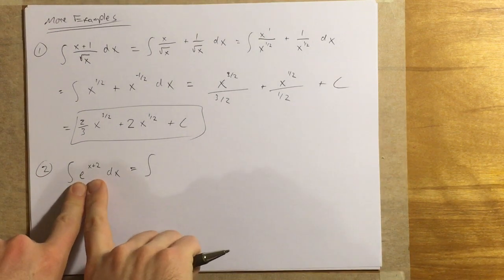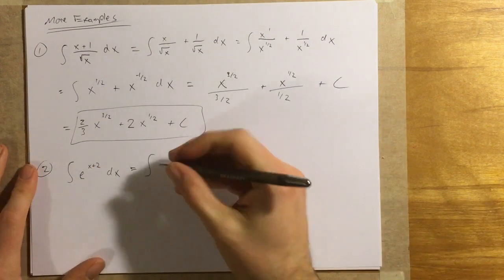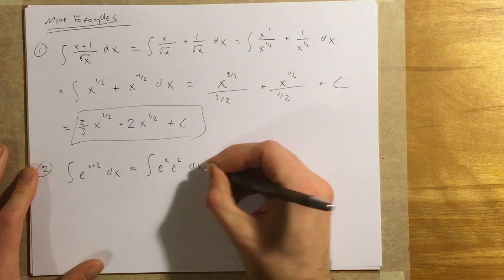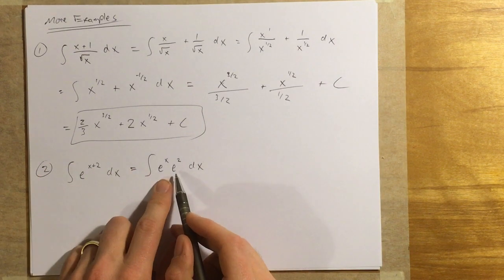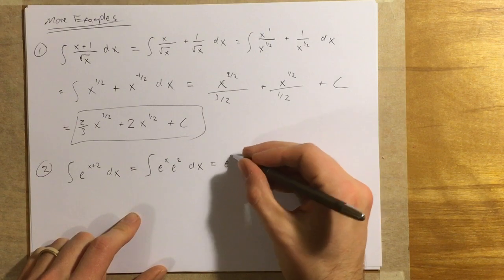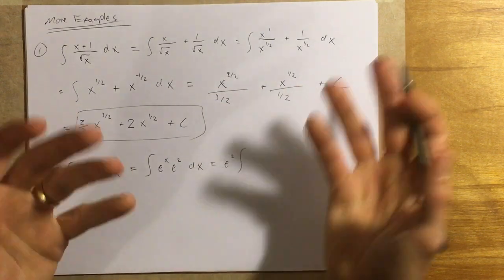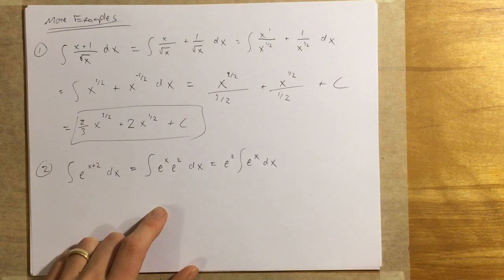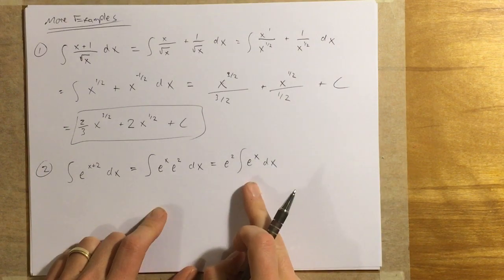Here, we're going to take the combined version and pull it apart into two. So let's call this e to the x times e to the power 2. See how that is the same as that? And now e squared is just a constant. So that constant can factor out. We can remove that constant from the integral and get that. So we're using the constant multiple rule there.